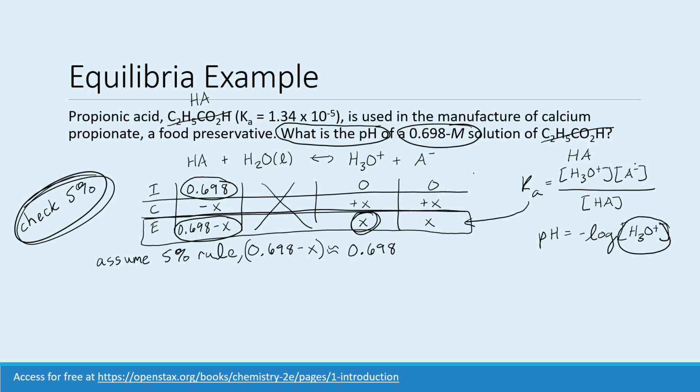So in this Ka expression, we know what the value of Ka is. Ka is equal to 1.34 times 10 to the negative fifth.